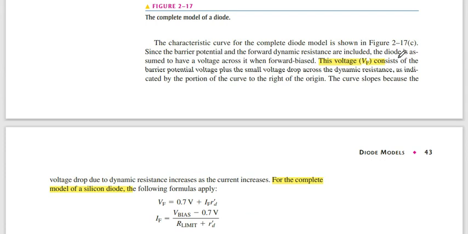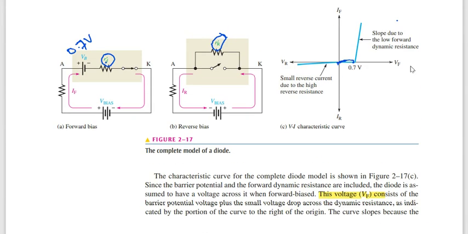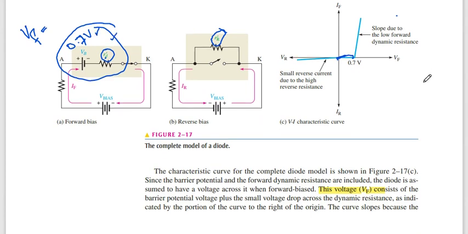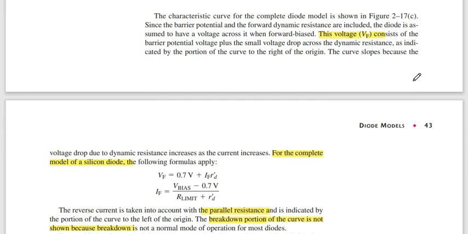Okay, as we know, Vf is equal to 0.7 volt.